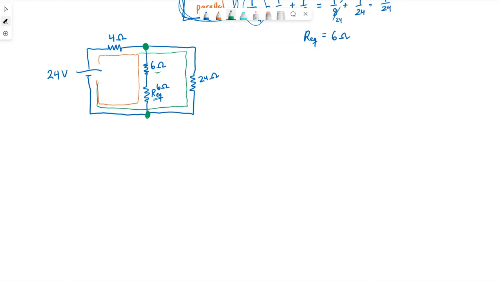So what I want to do next is combine those two 6 ohm resistors in the middle together and treat them as if they were one. So this is another R equivalent. I'll call it R equivalent 2.